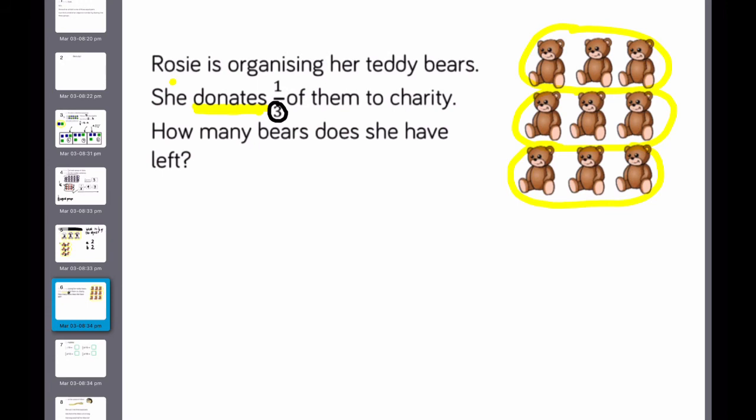So, if we know the word donates means to give away, what do you think I need to do to 1/3 of my bears? Yes, I need to give them away. So in maths, what word might you use if you're giving something away? Taken away.